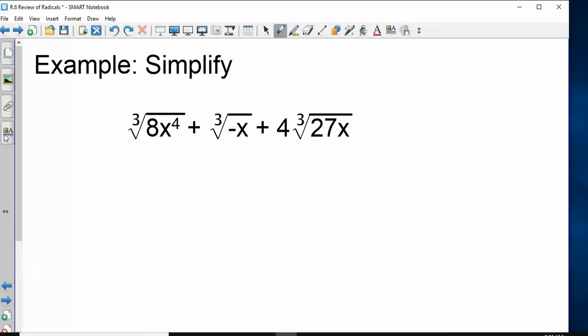We're going to have to break down all 3. So if we look at the first one, can we do the cube root of 8? Yeah, that's just a 2. If you have 4 x's, how many groups of 3 come out? 1, so 1 x comes out. How many are left over? 1. Oops, that's a cube root right here.